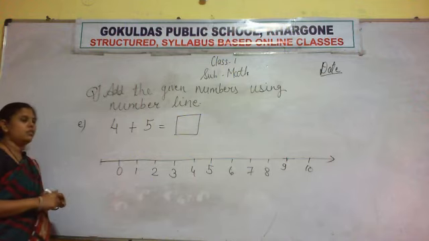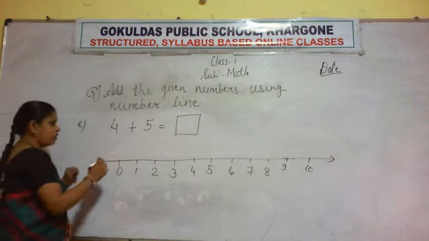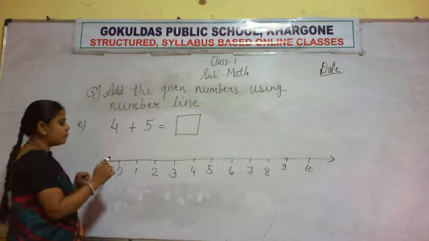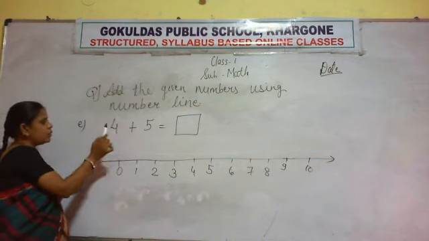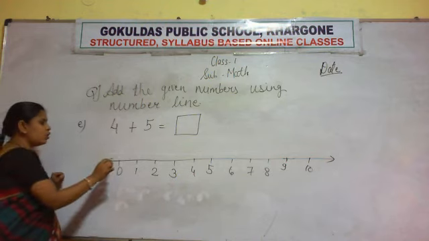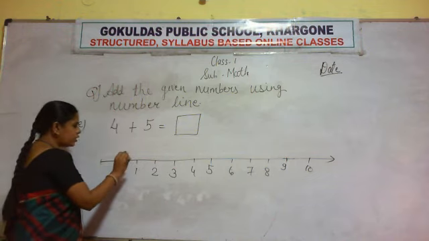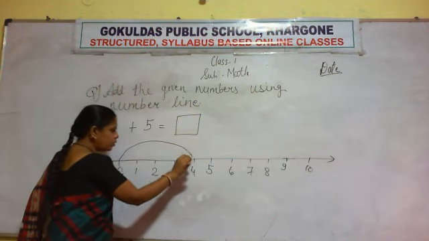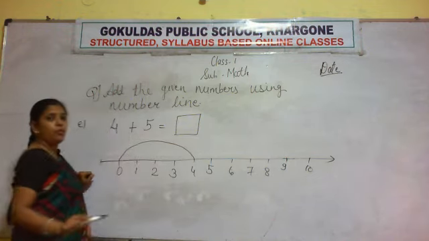Check your answer. Now, what is the first step? That we have to jump to the first given number. So, the first given number is 4. So, from 0 we have to jump to the number 4. So, here we are at number 4.